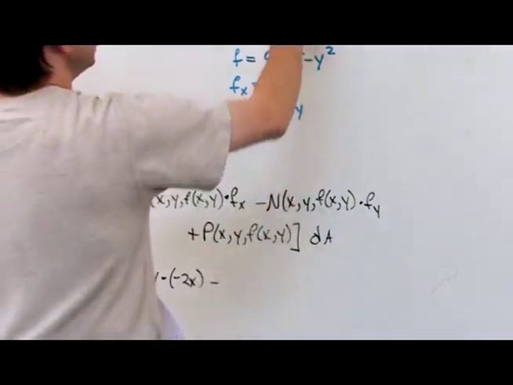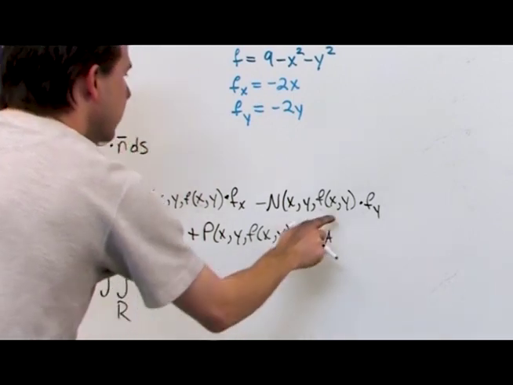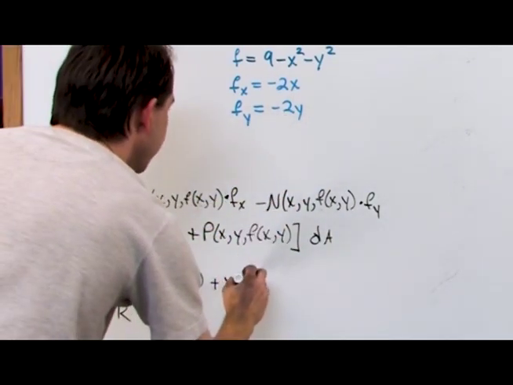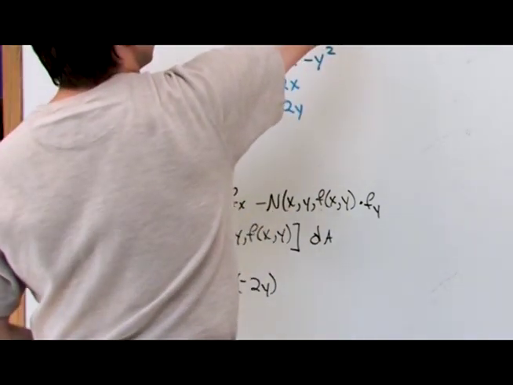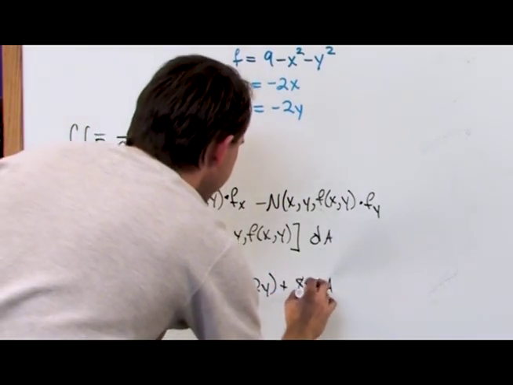Minus N, but N is given by negative x, so you have plus x times the partial derivative of f with respect to y, which is negative 2y. Plus P, and P is given by 8, over dA.